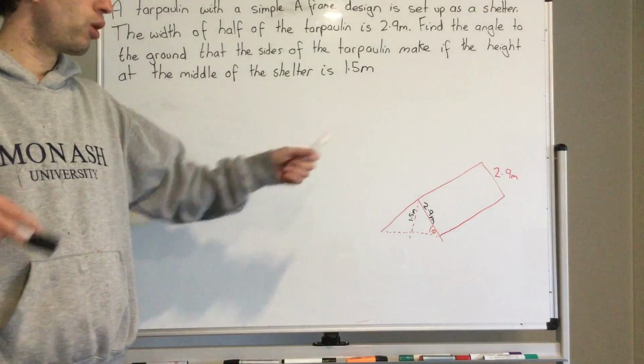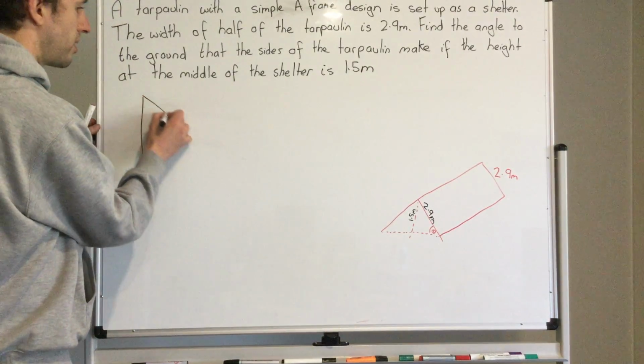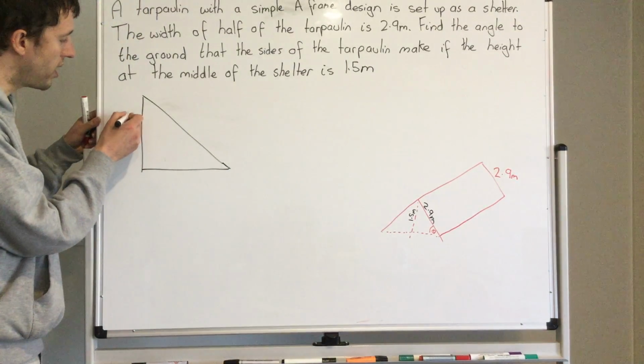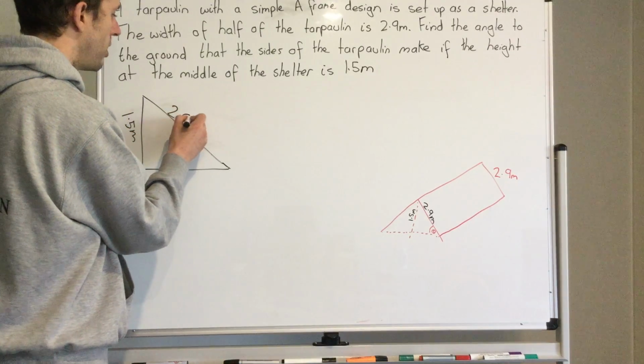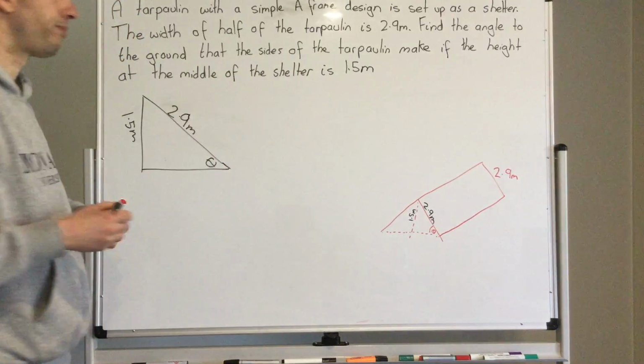It's best to put all our information in and then draw our triangle outside of that picture, just so we're looking at the information we need. We've got 1.5 meters here, 2.9 meters, and we're looking at alpha.